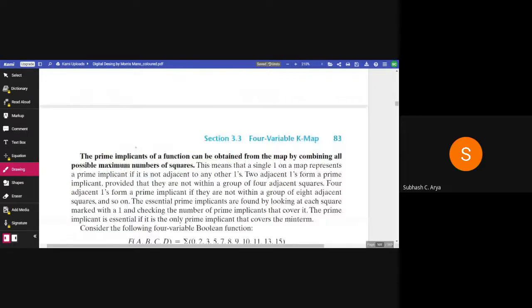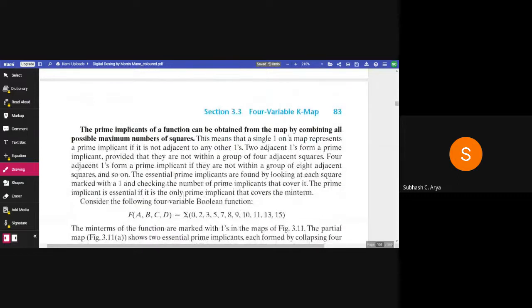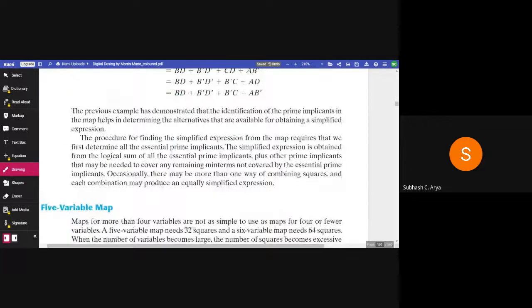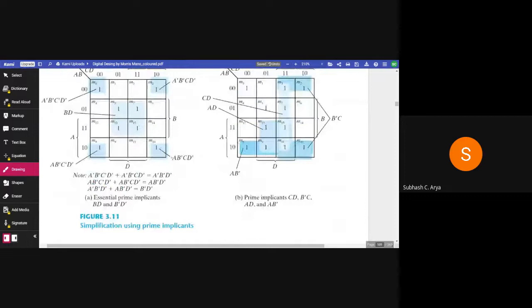So the prime implicants of a function can be obtained from the map by combining all the possible squares. Those product terms are essentially prime implicants. However, within those there are essential prime implicants. We will see what those are. Let us see an example.